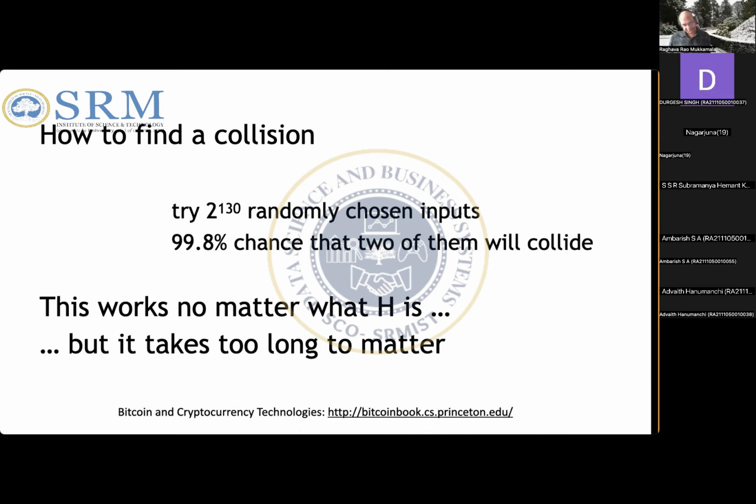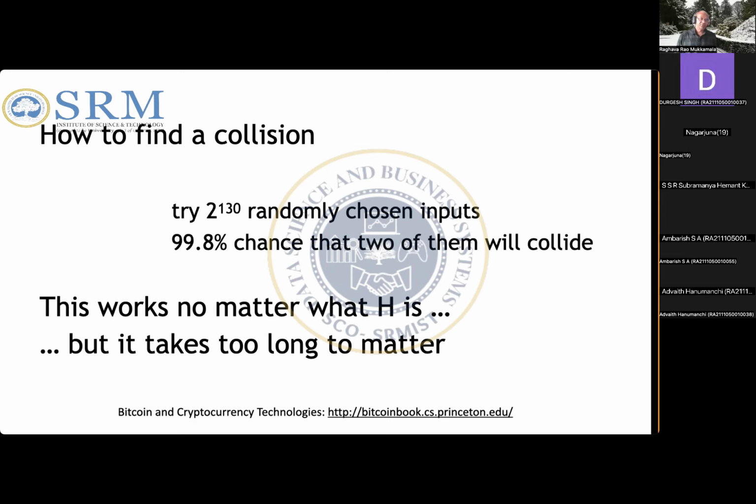Let us take all the computing power in the world, or in the universe, and keep on doing the hashing.